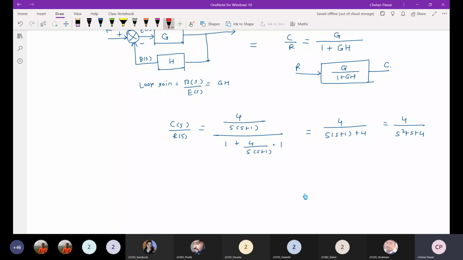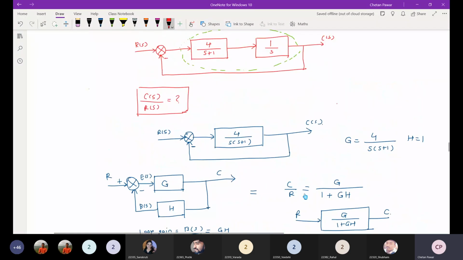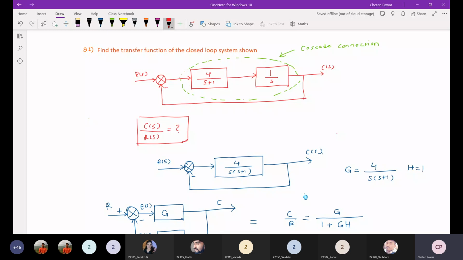You just need to draw one block. While solving any block diagram reduction problem, every step you need to draw. Don't draw the answer directly. Every step you need to draw. So first you will draw this. Then only they consider it as a reduction technique.